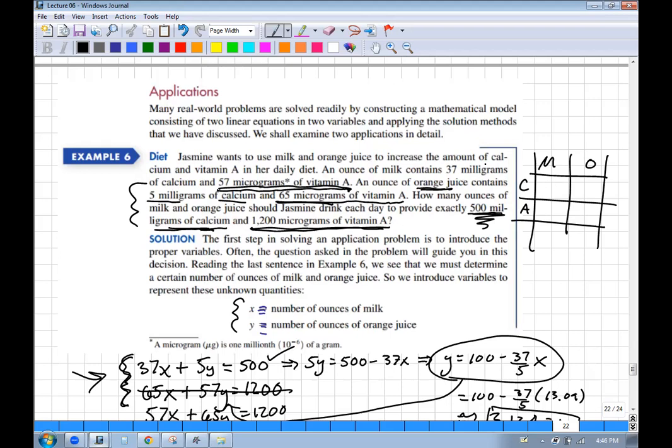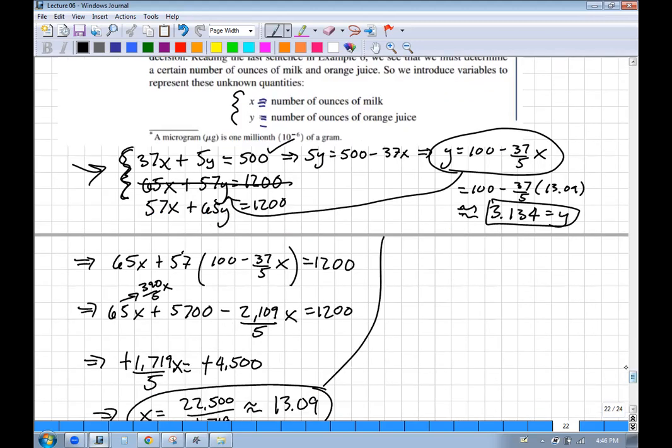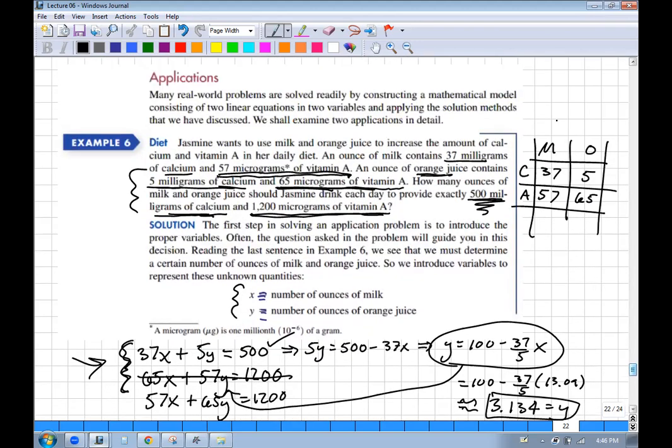So milk: 37 milligrams of calcium, 57 micrograms of vitamin A. Then orange juice: 5 milligrams of calcium, 65 of vitamin A. What's our X and Y? X is milk, and Y is orange juice.